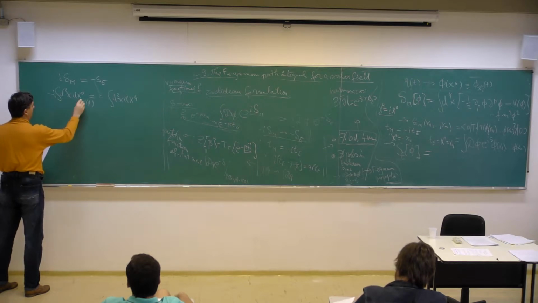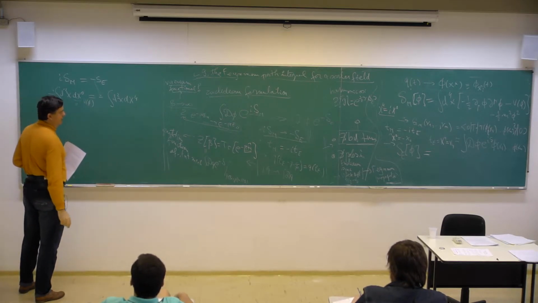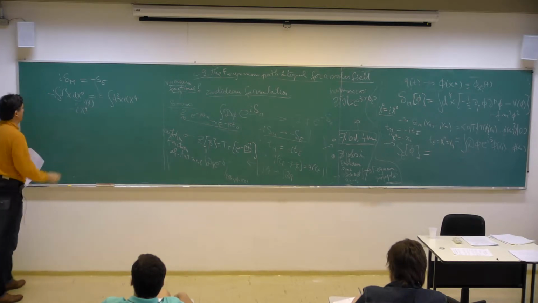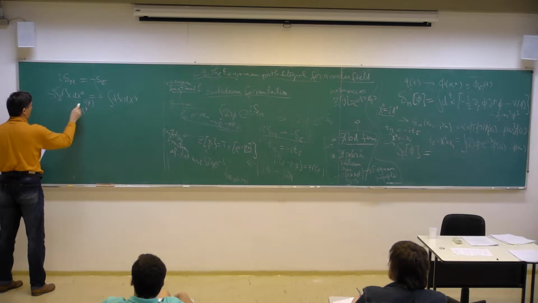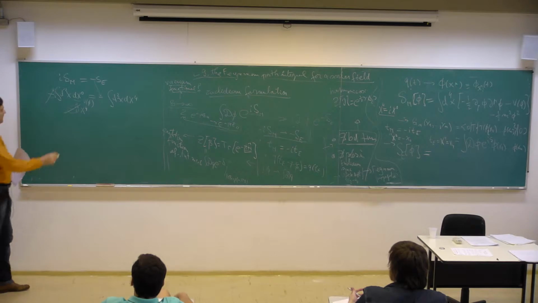Okay, and then x0, that is t Minkowski, is minus i times t Euclidean, which is x4. But minus i times minus i is equal to minus 1.